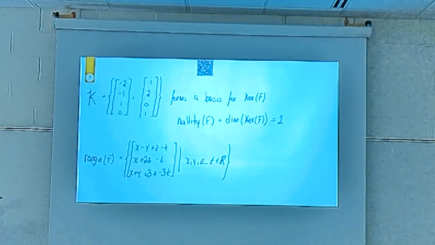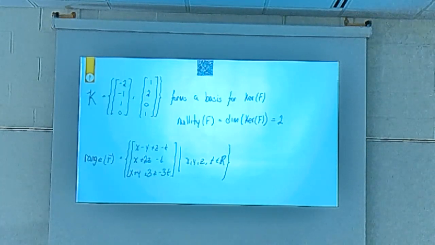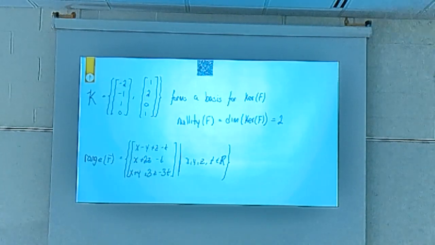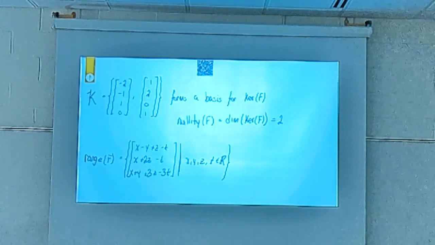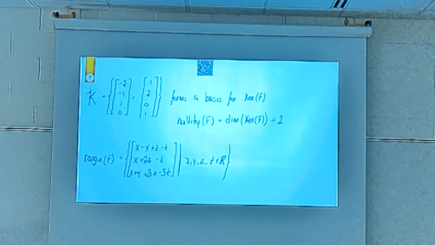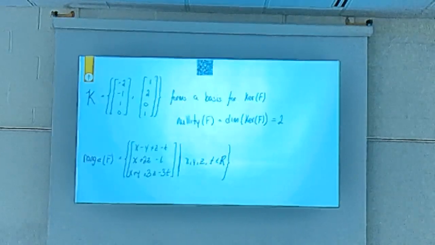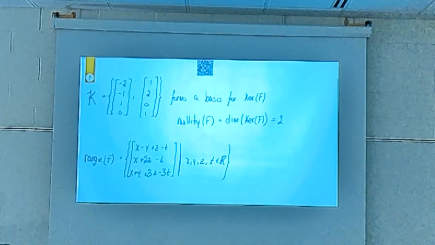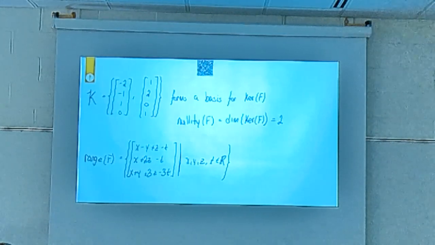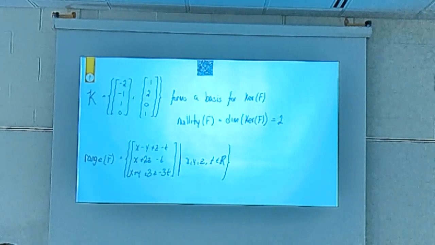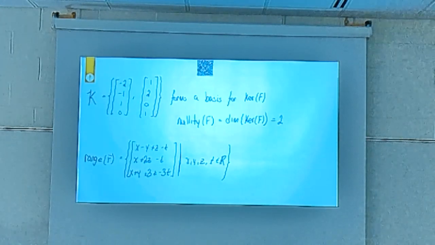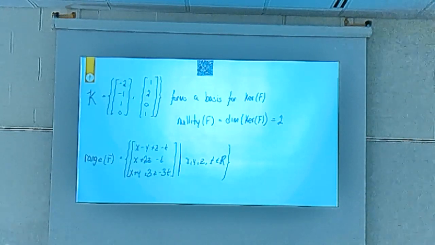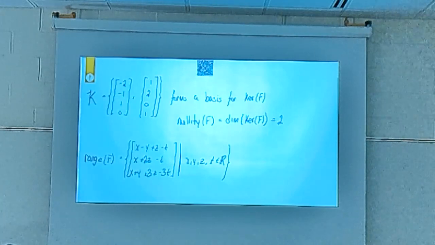So that is your range, the set of all those vectors. Play the same game as we did for the kernel: just list the coefficients for each variable. And remember, range is a subset of the codomain. Codomain is R3, which means our vectors should have three components.